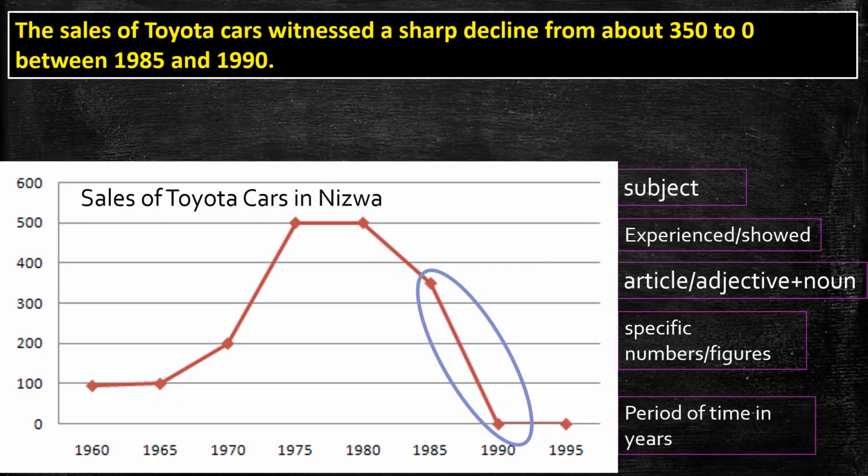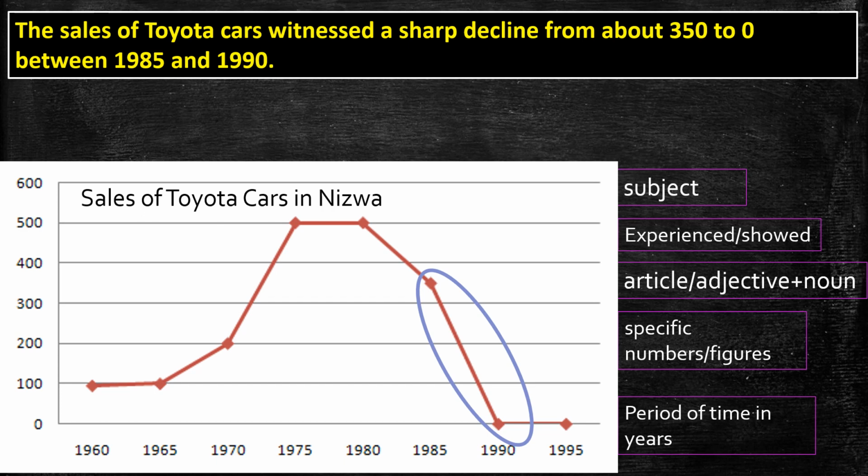And here are the answers. Subject. What is the subject of the graph? The sales of Toyota cars. And what is the demonstrative verb you can use? Witnessed, experienced, showed, any of the demonstrative verbs. Then article. Is article. Sharp decline. Why sharp? Because from 350 or 340 to 0 is a very big difference. So for big differences, we use the word sharp.